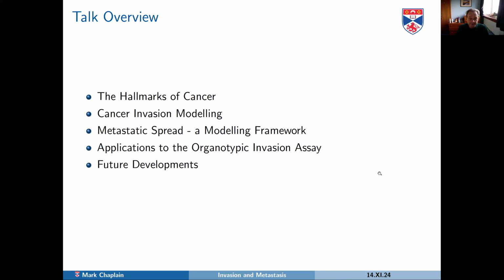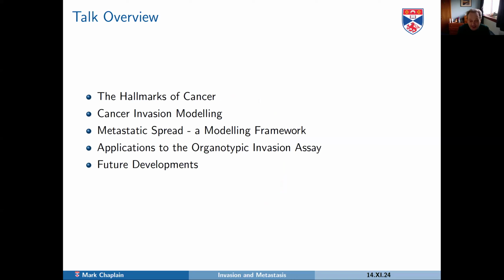So this is the overview of the talk. I'll touch explicitly in the beginning here on the hallmarks of cancer, and we'll find out, because I didn't really touch on that on Tuesday, that angiogenesis is a so-called hallmark. And then we'll focus on modeling cancer invasion.